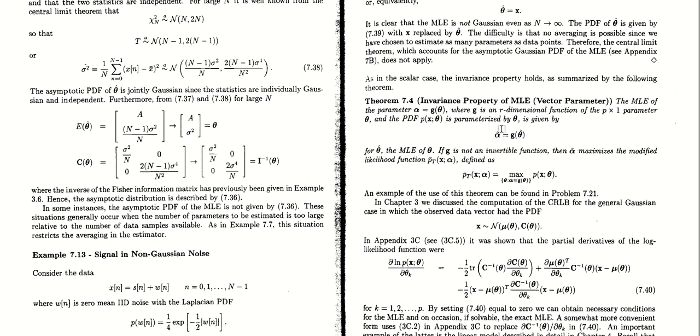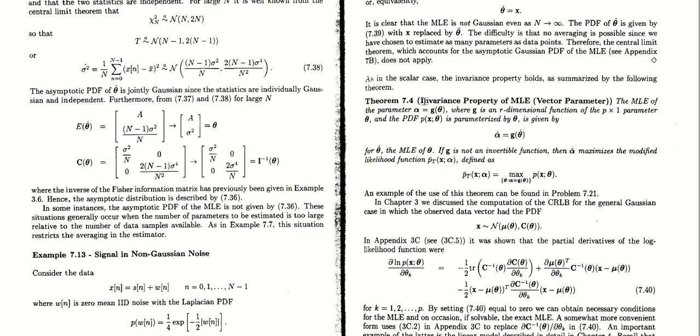Okay. So what that means is, if we have a transform of the parameter theta, then the optimal solution, the MLE for theta, take the function of g, it will give you the MLE for alpha hat.